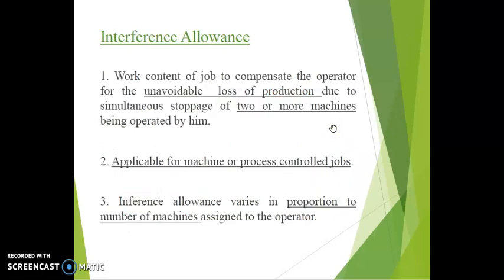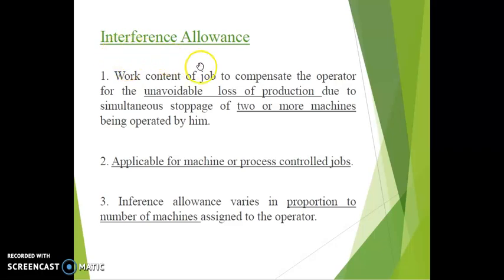Now the next allowance is the interference allowance. As we know, this allowance of time is included in the work content of the job to compensate the operator for unavoidable loss of production due to simultaneous stoppages of 2 or more machines being operated by him. So this allowance is applicable for machine or process controlled jobs.